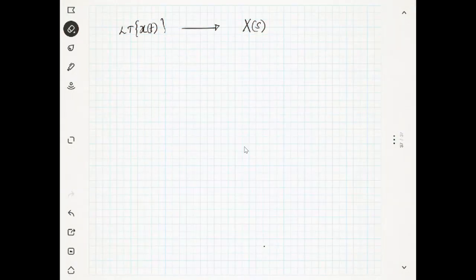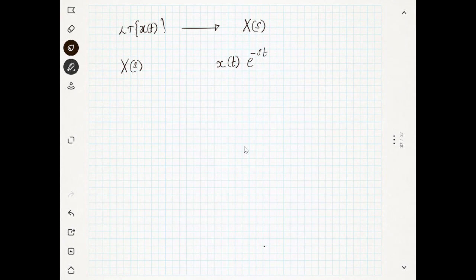There are a lot of things to be said about the Laplace transform. I don't know how to explain to you in 5 minutes. Inshallah, I will try my level best. It's a big theory. The Laplace transform x of s of a function x of t can be found by multiplying it with e power minus st and integrating from minus infinity to infinity.